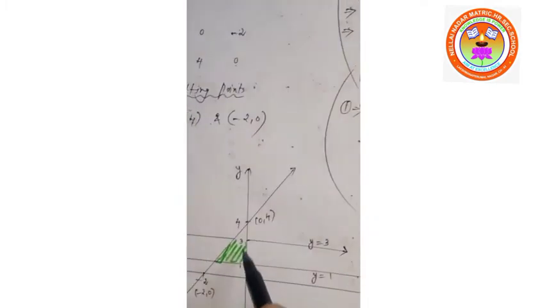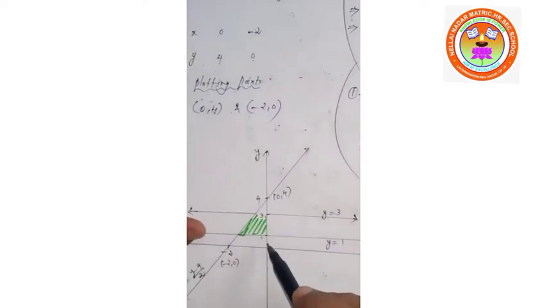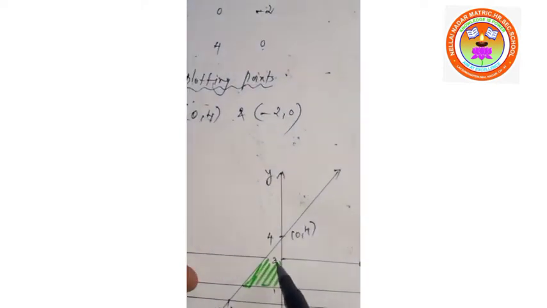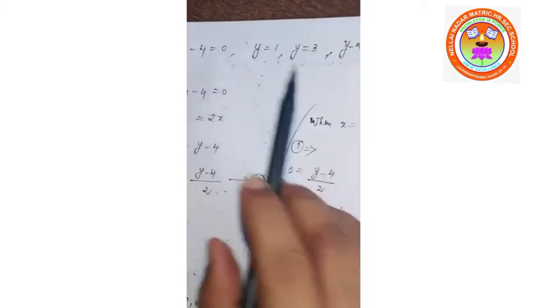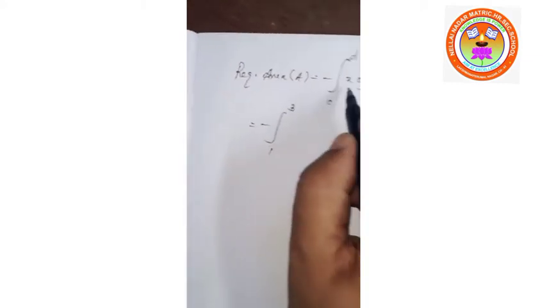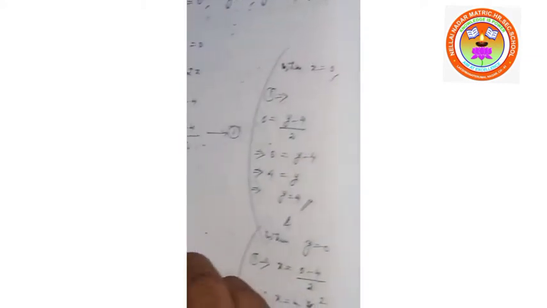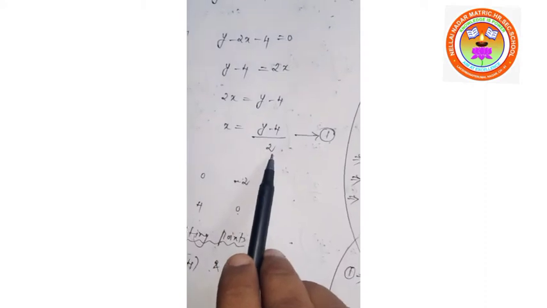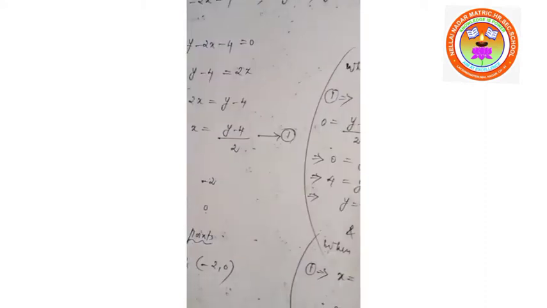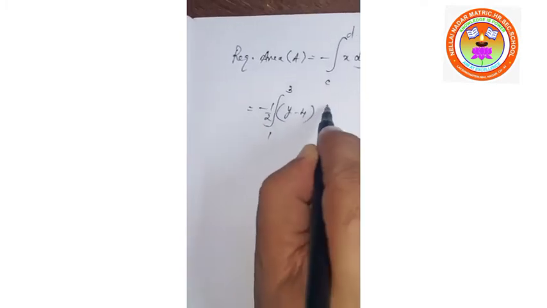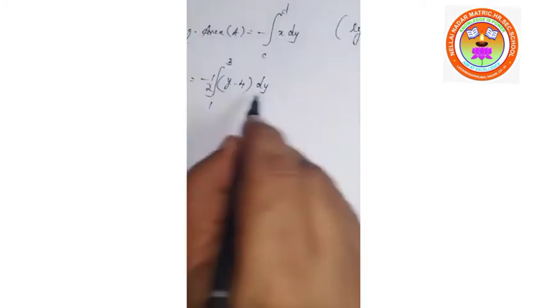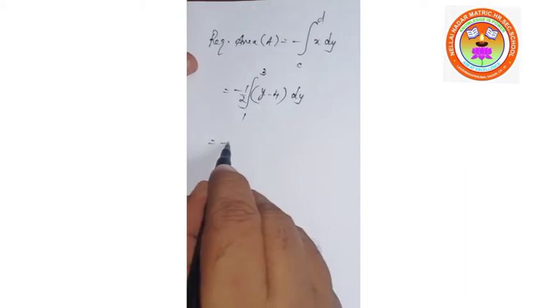In this region in particular, lower limit is 1, upper limit is 3, so 1 to 3, you are given here in the question itself, 1 and 3. X from first equation. What is the first equation? Y minus 4 by 2. Y minus 4 by 2, can we write half into y minus 4? Same only, into dy. It has to be integrated. Listen carefully. Minus half.